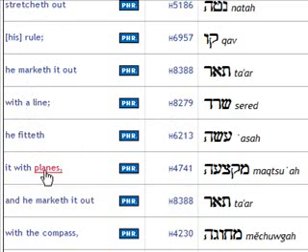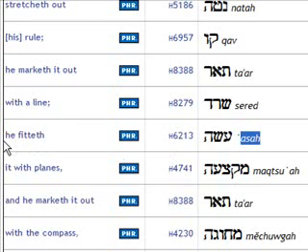The next one, again, you're going to be confused if you're just basing it off King James only. He fitteth it with planes. What does that mean? He fitted it with planes? Has it got wings? No. What's going on here is that fitteth is asah, and asah means to do work or produce or make.